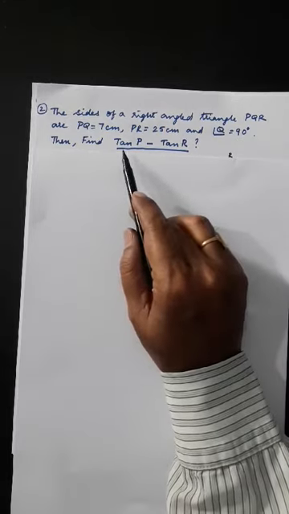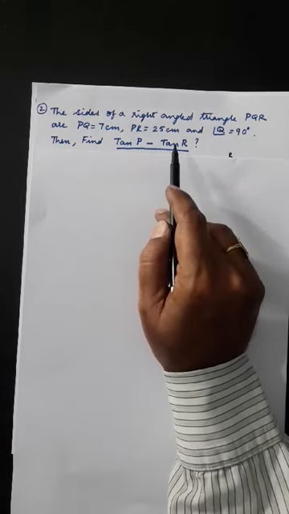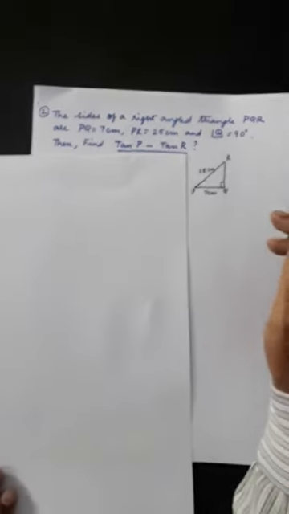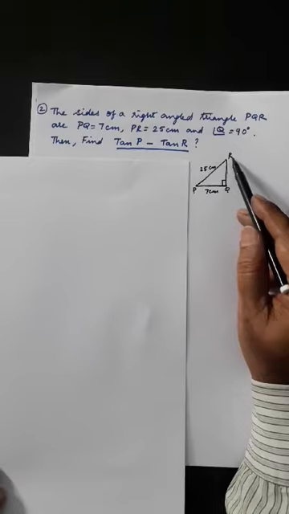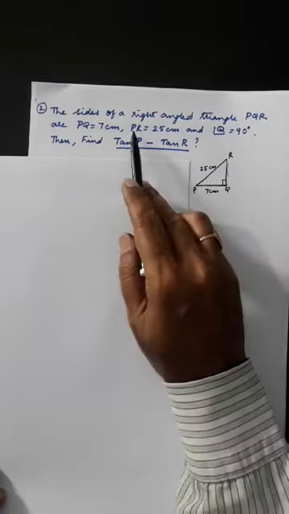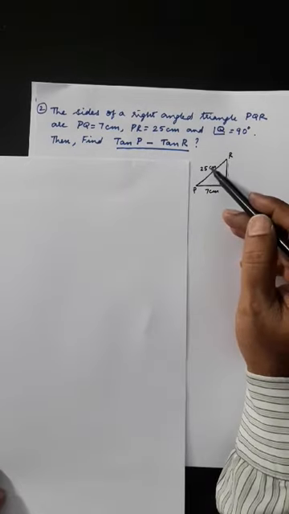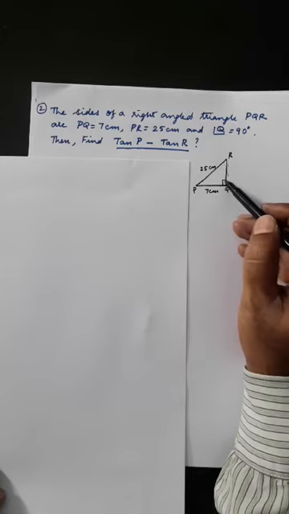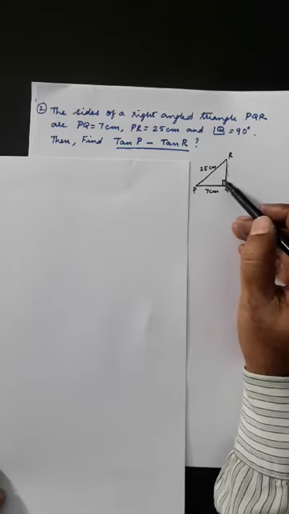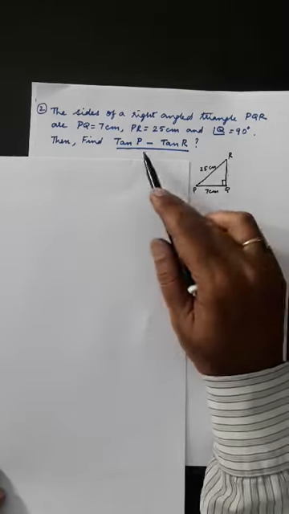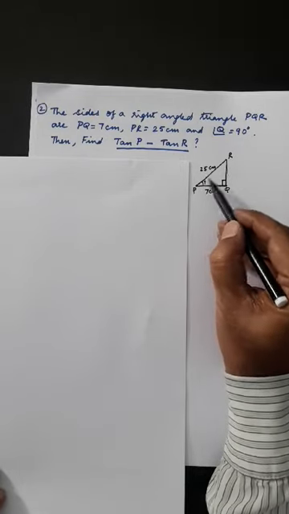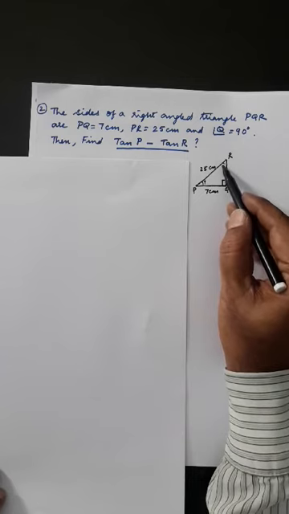Now we need to find tan P minus tan R. So if you draw the triangle PQR, PQ is given as 7 centimeters, PR is given as 25 centimeters and Q is 90 degrees. So this Q is here, it is a right angle triangle. Okay. So we need to find tan P and tan R. This is angle P and this is angle R.